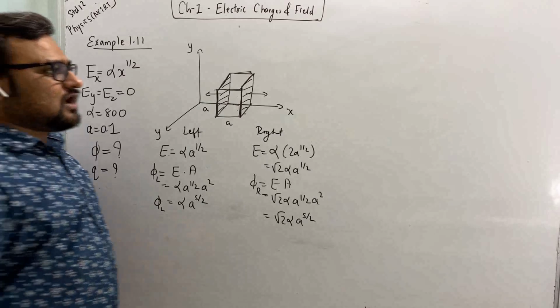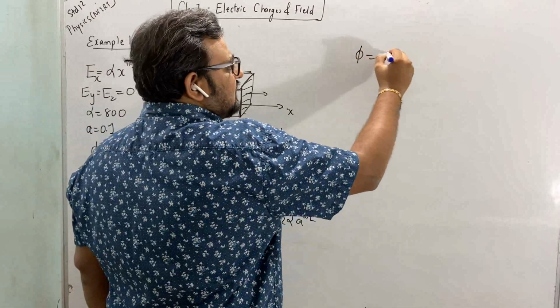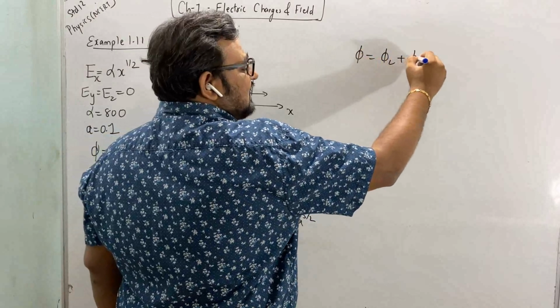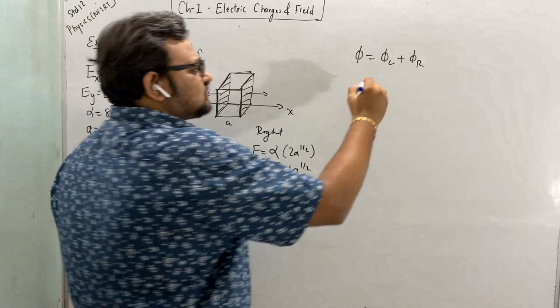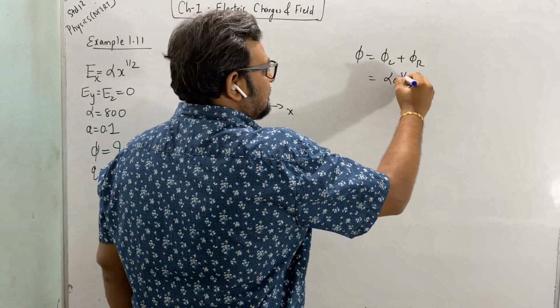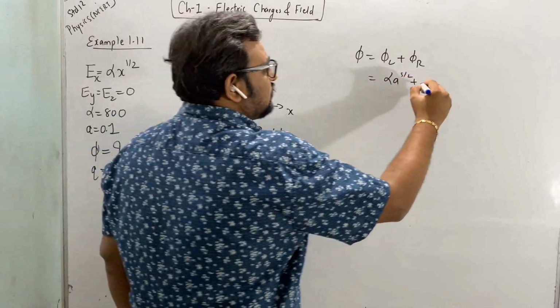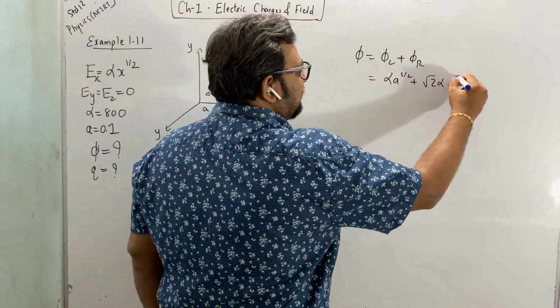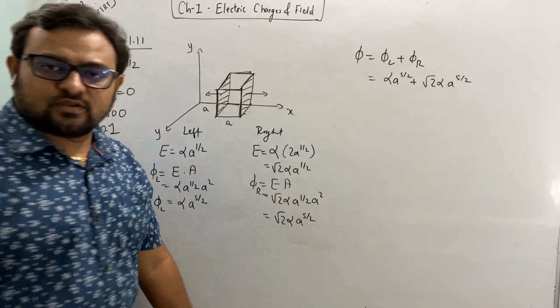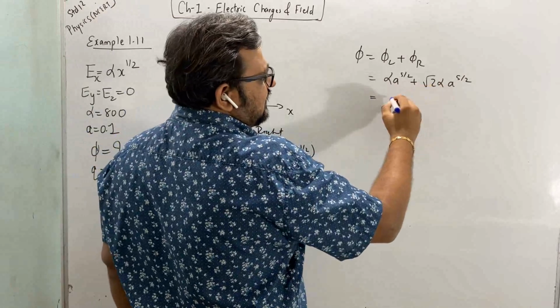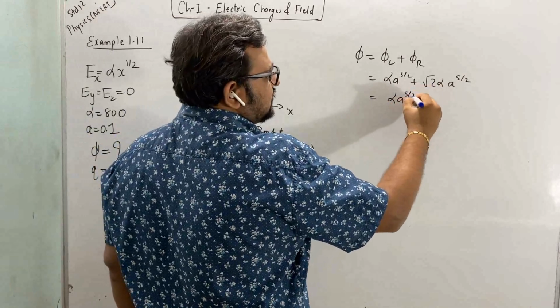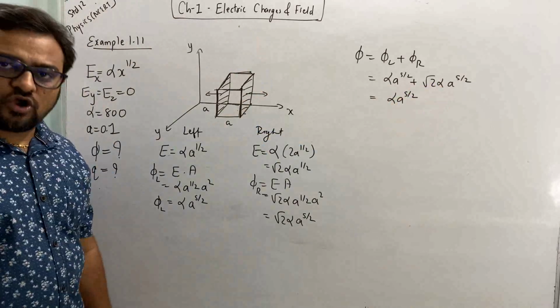Clear? So now the total flux will be equal to flux on the left plus flux on the right. So alpha a raised to 5 by 2 plus root 2 alpha a raised to 5 by 2. Clear? So this will be equal to, here alpha a raised to 5 by 2 is common.